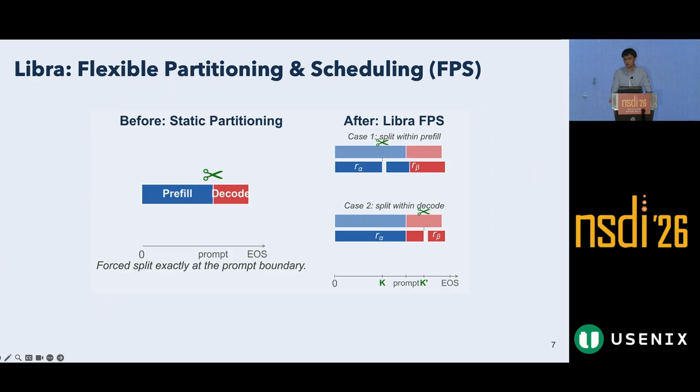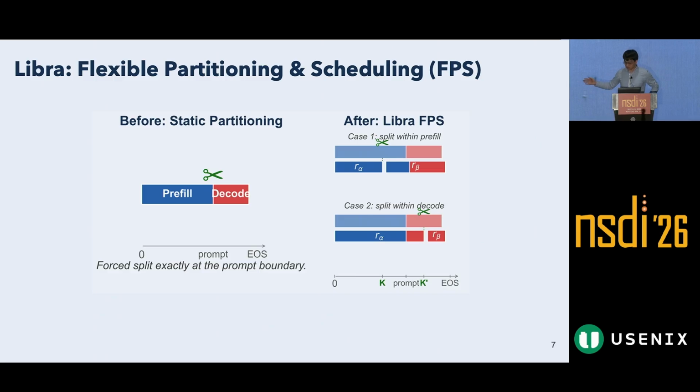FPS lets you split requests at any token position. We show two cases. In case one, if a prefill is very long, we can split within the prefill. The first micro request, which we mark R alpha, covers a partial prefill, and R beta covers the remaining prefill plus the entire decode.